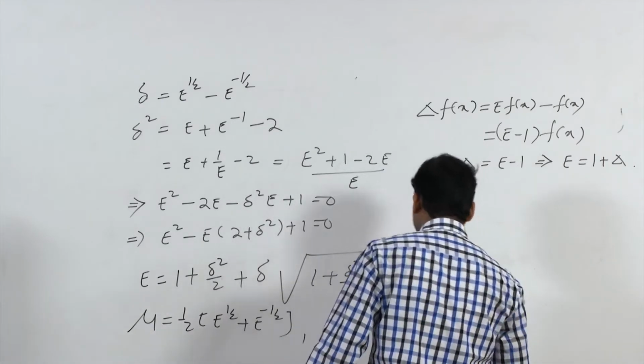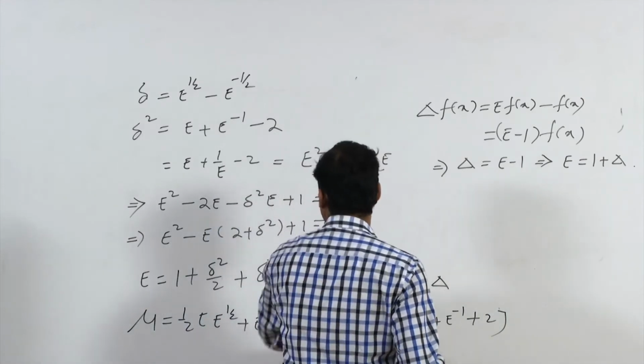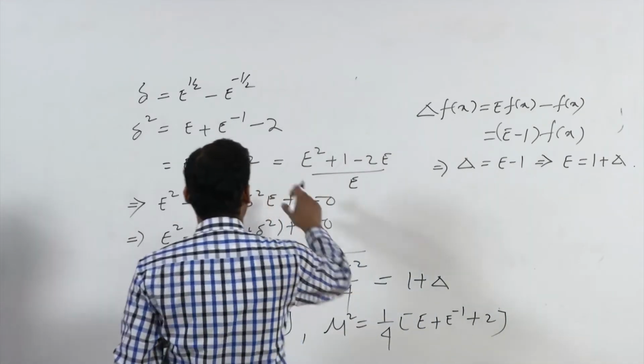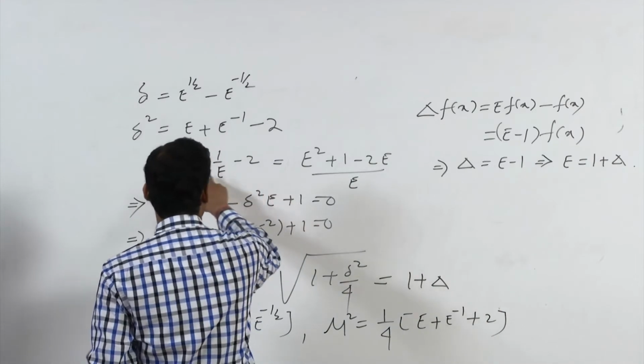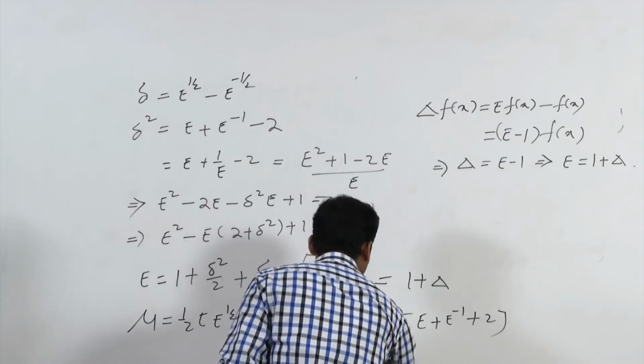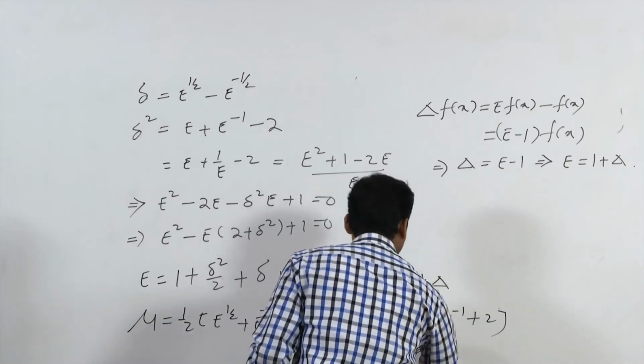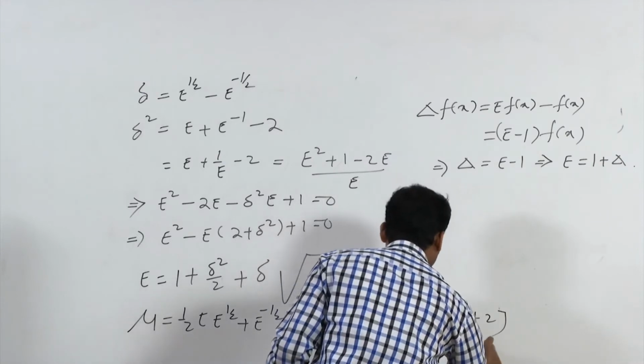Since we already know that E plus E inverse can be written as delta square plus 2, I can write this as 1 by 4 times (delta square plus 2).